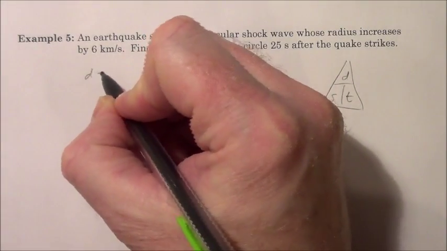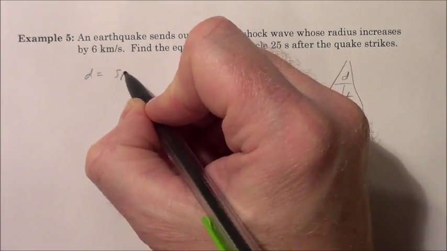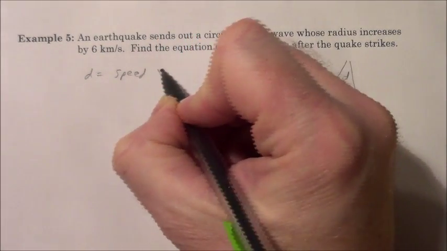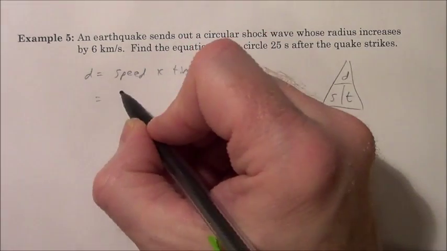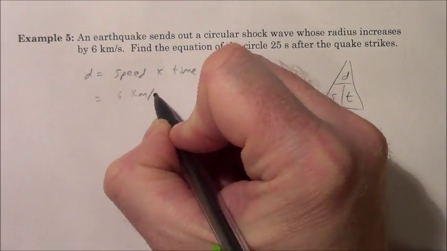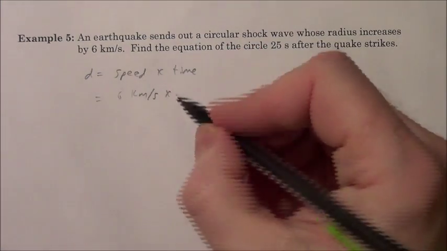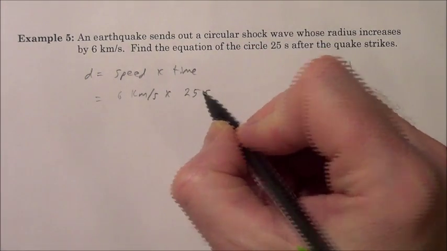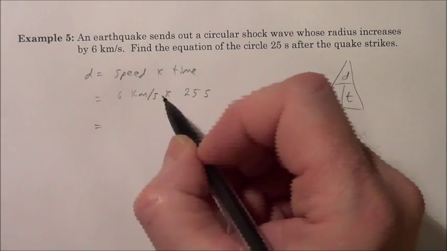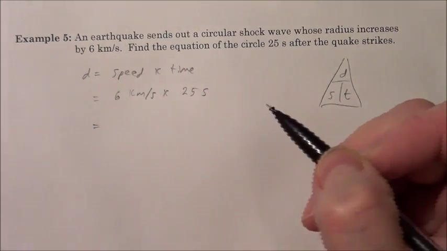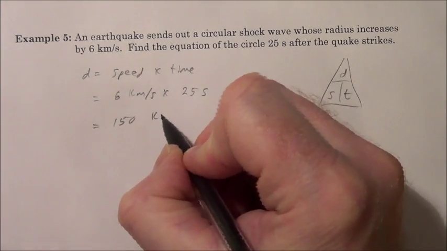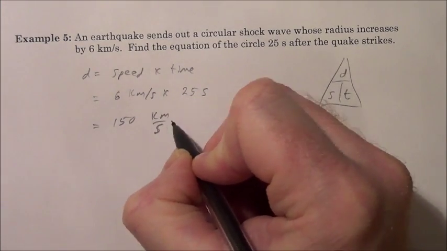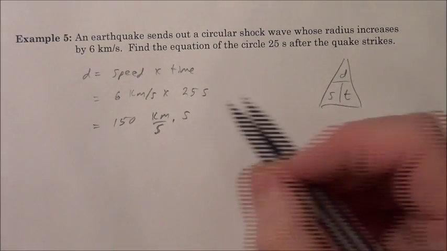So the distance is the speed times time, and so that gives us 6 kilometers per second multiplied by 25 seconds. 6 times 25 gives us 150, and then we've got kilometers per second multiplied by seconds.